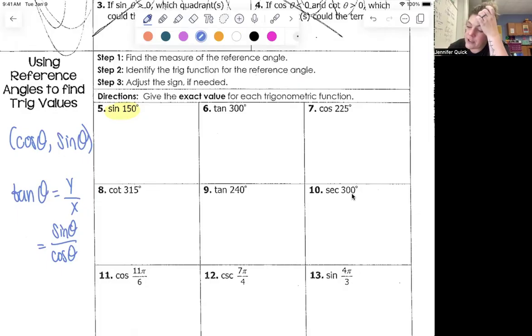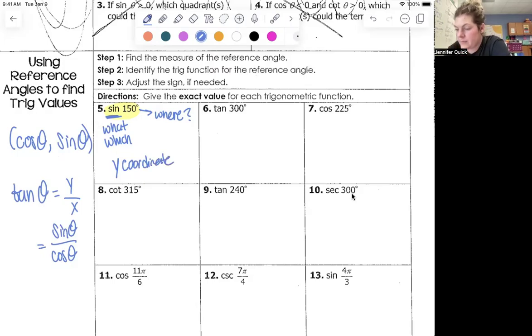The first thing is what value, which one. This asks a what or which one. This tells you where. So what and where. The sine tells me that I'm looking for the y coordinate, where at 150 degrees.